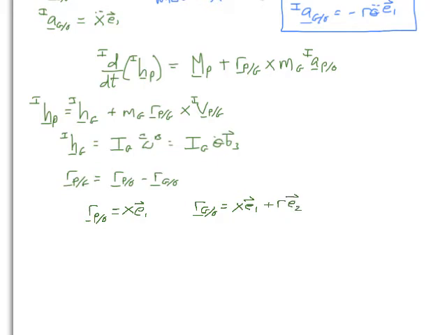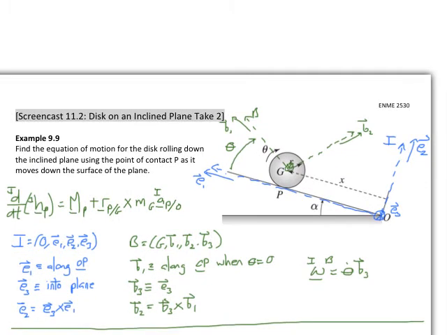And this corresponds with our figure. And then when we add them up, we get negative r in the E2 direction. Let's take a look at our figure, and we see that the position vector of P with respect to G should be r, the distance r, in the negative E2 direction. So the expression that we came up with makes sense.